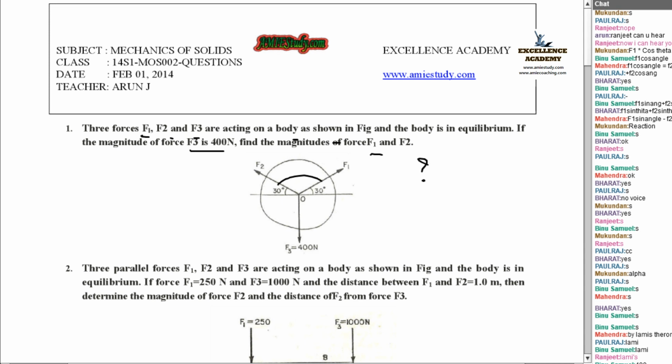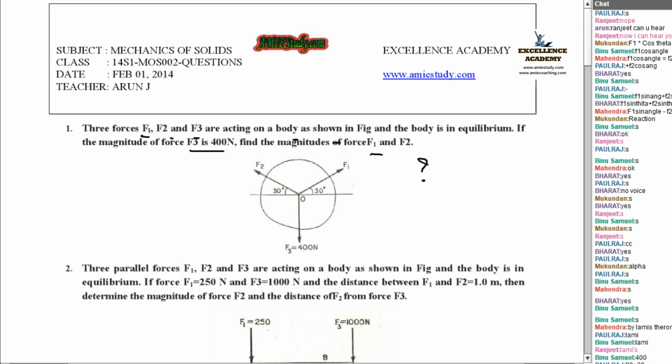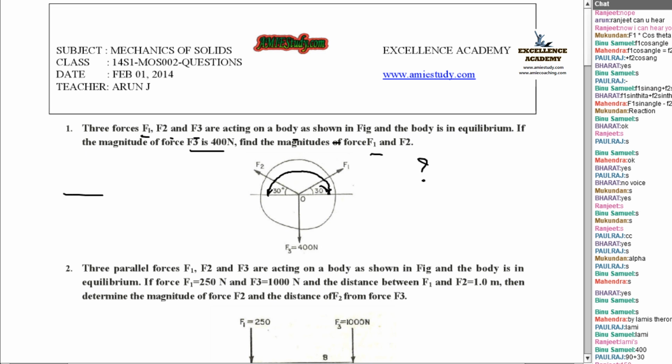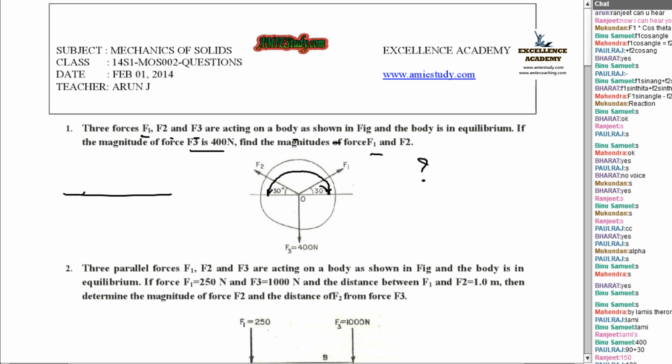Here, the angles between these forces are not given. How can I find them? Let us see how I can find those angles. Say this is 30 degree and this is 30 degree. And what will be the total angle along a line, shown like this?